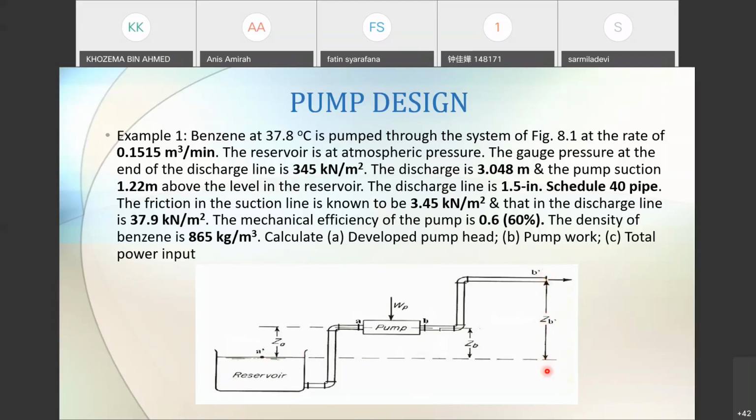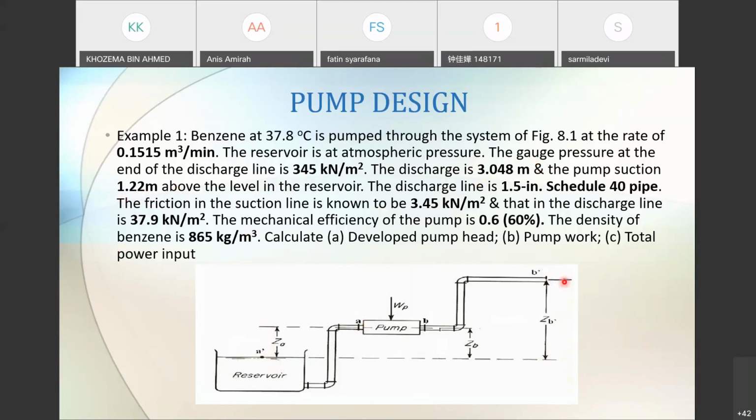Then it says the pump suction, where the suction happens, is 1.22 meter high from the level of the reservoir. So from this point to the center line of the pump, the height is 1.22. This is important because you want to find the value of ZB and also ZA.